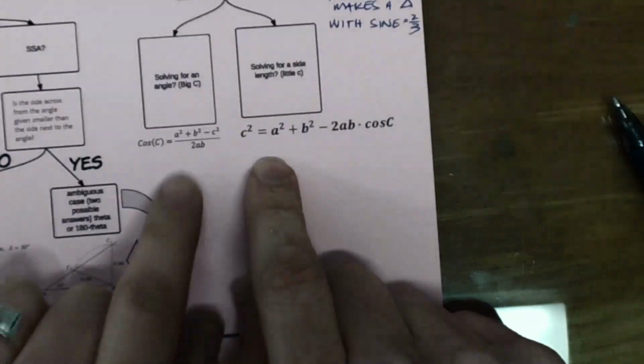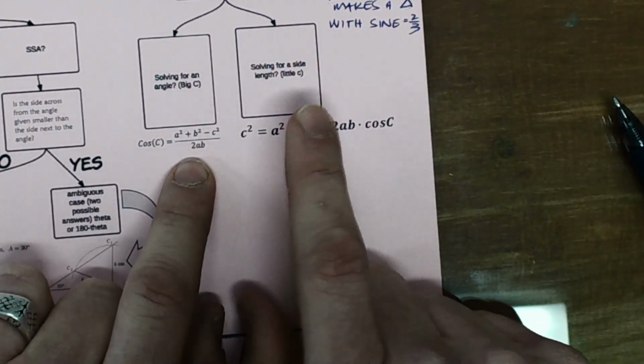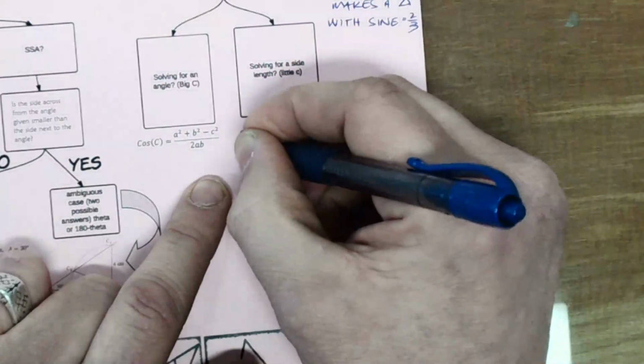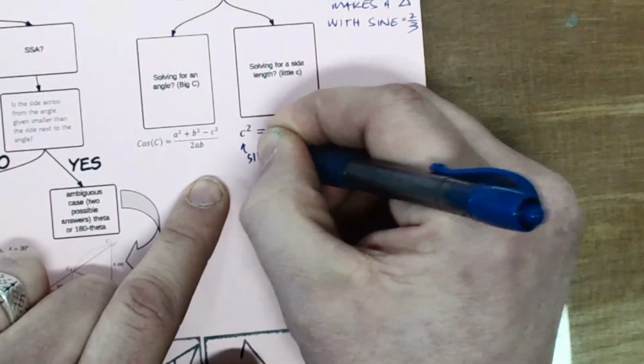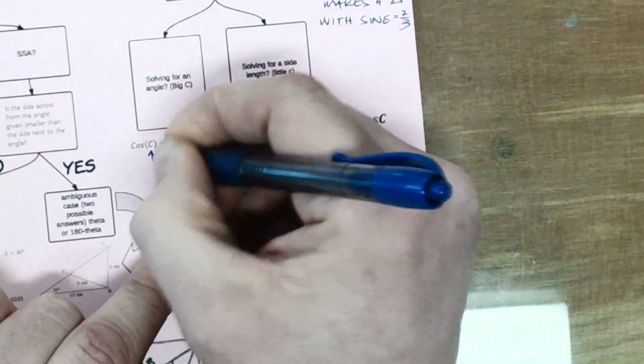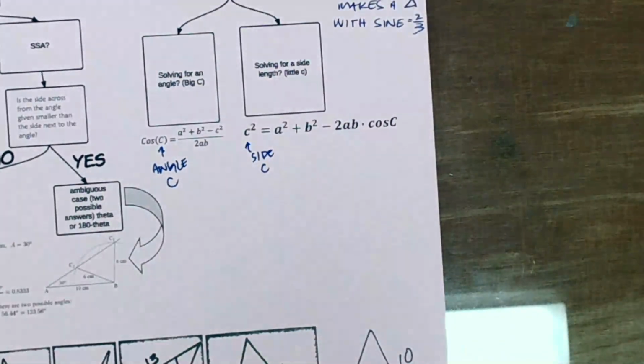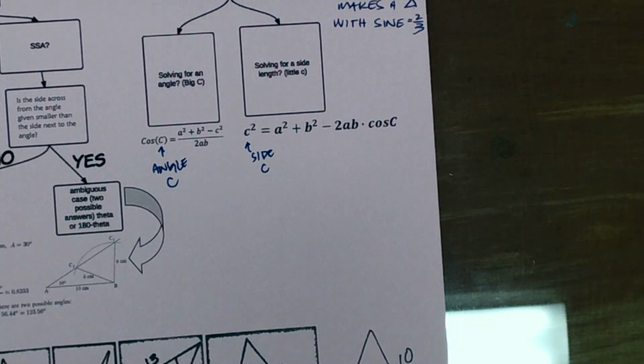Okay, we are going to use one of these two. They're both the same thing. This one has been solved for side c. So if you're trying to find side little c, and this is obviously the angle c, it depends on what you want. In this case, what do we want? An angle.